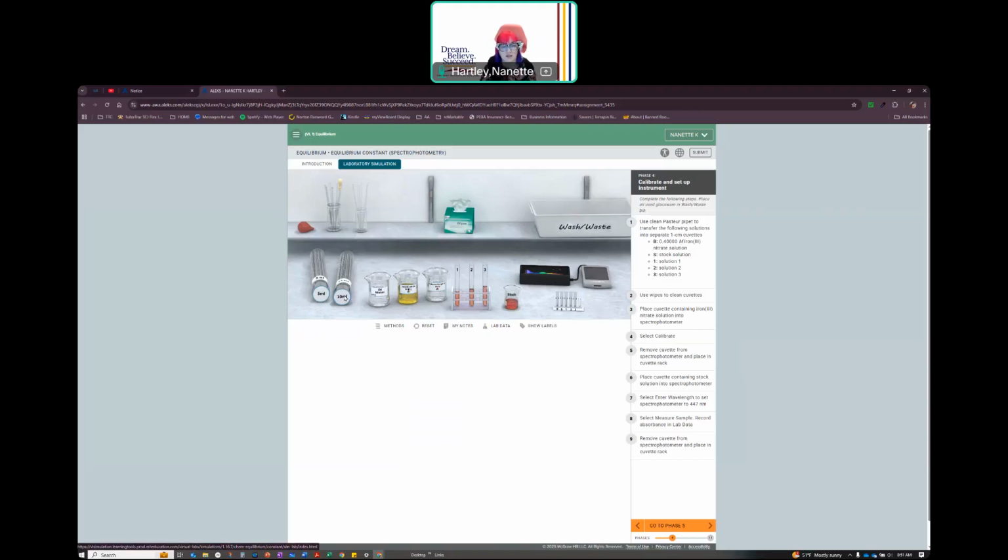So we're going to use a clean Pasteur pipette to transfer the following solutions into 3 of these lovely cuvettes. So they're labeled. Yes, they are cuvettes, but I see that this is the blank, stock, S1, 2, and 3.